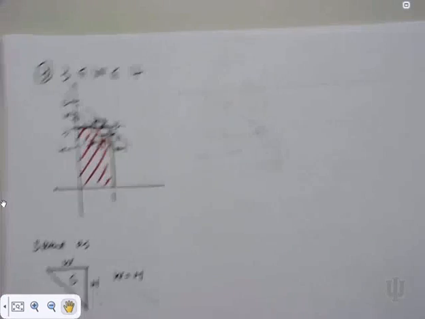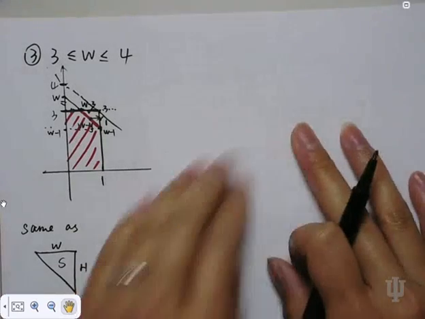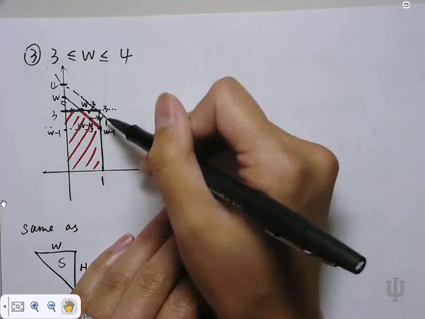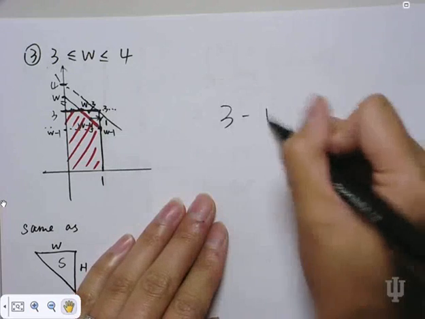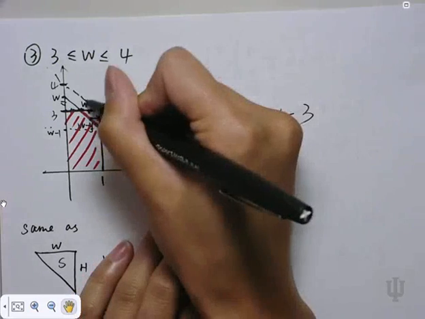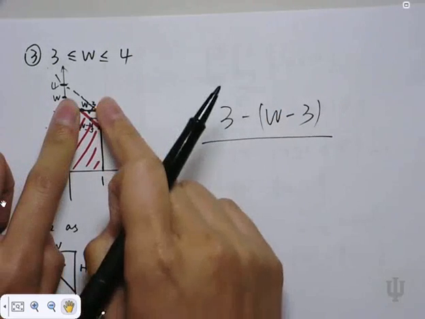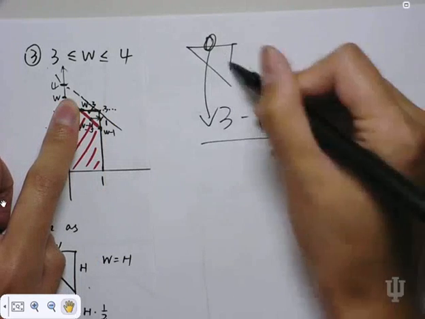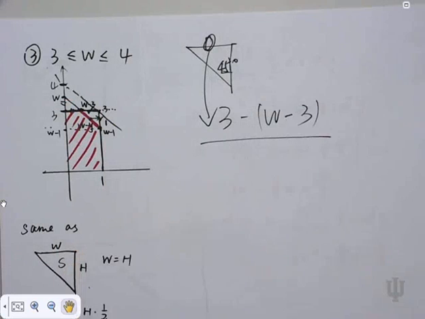But actually, it's very tricky. You can even just not do the integration. Just calculate the area, because you know the height is a constant, right? So the area is 3 minus, this point is W minus 3. That gives me this length here. And I know cos 45 degrees.